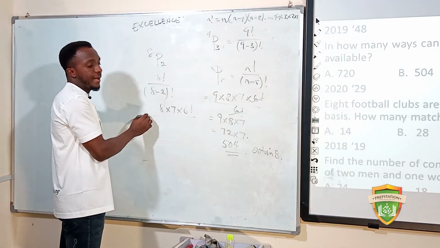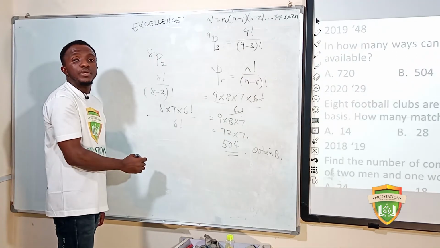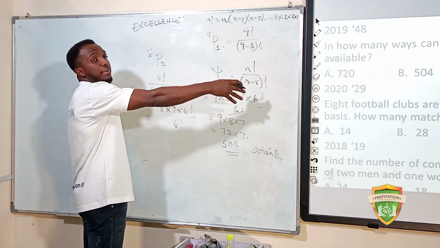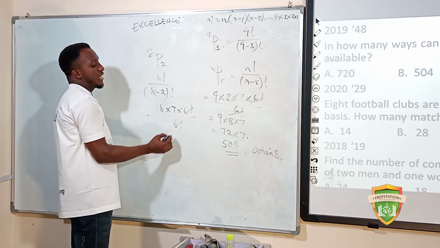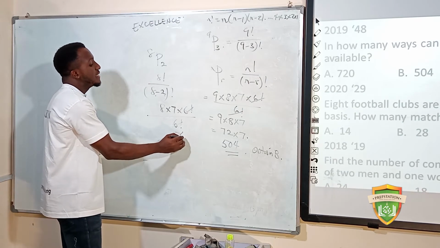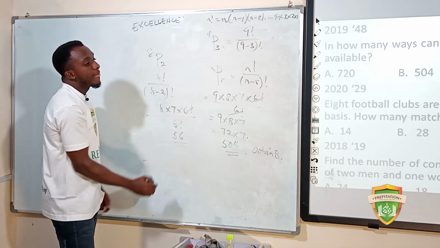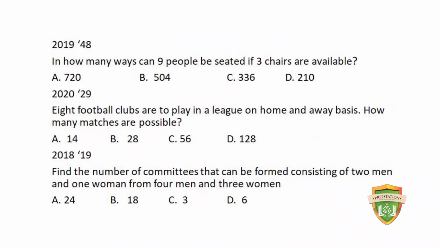Why did I stop here? Because 8 minus 2 is 6. So we're going to have 6 factorial, so we don't just waste time. You know, it is JAMB. You need all the time in the world. So this will cancel this. We have 8 times 7. So that is 56. So there are 56 matches that are possible if 8 clubs are going to play home and away.